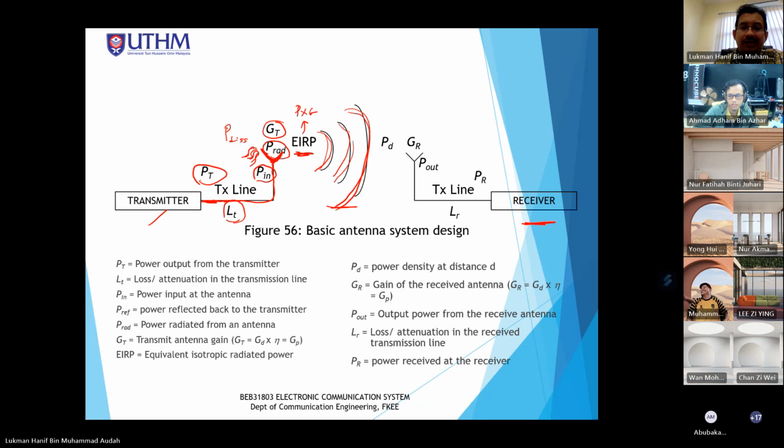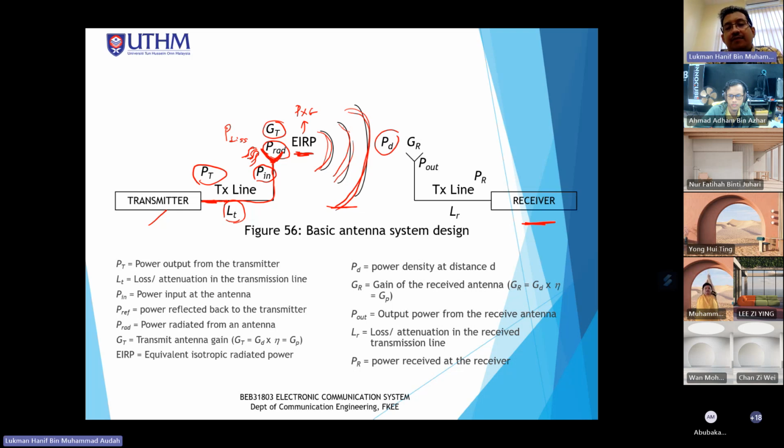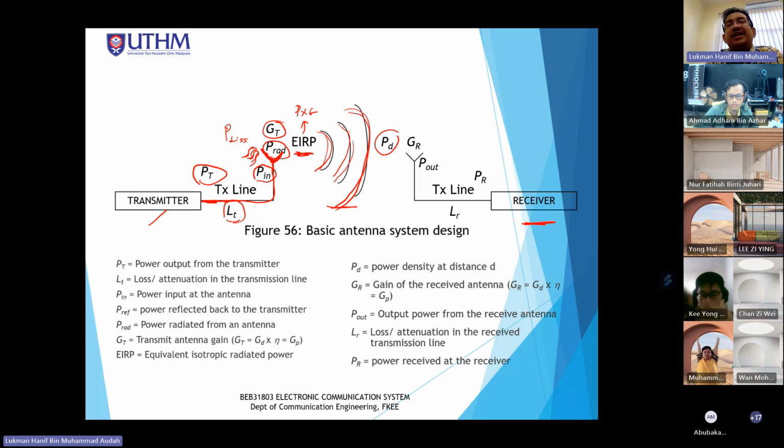Then we have another parameter, PD. PD is the power density. It defines the strength of the power at a specific location. So PD is power per unit area.